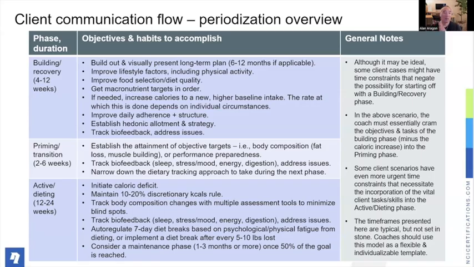And what you also want to do in the priming and transition phase is to narrow down the dietary tracking approach for the next phase. Not everybody will want to take a highly granular and precise and quantitative approach to tracking.